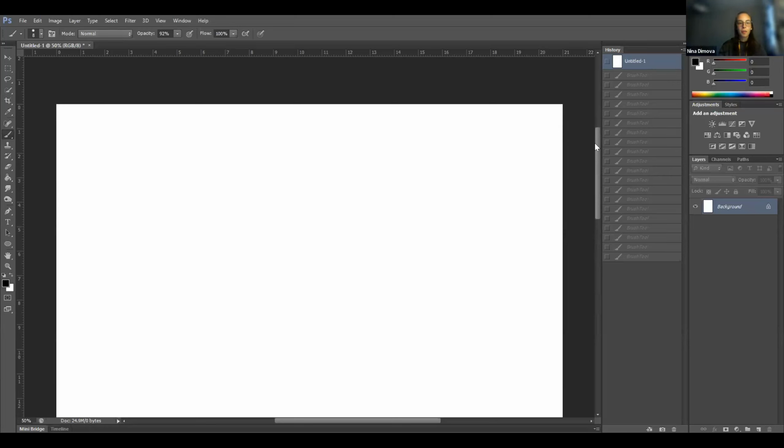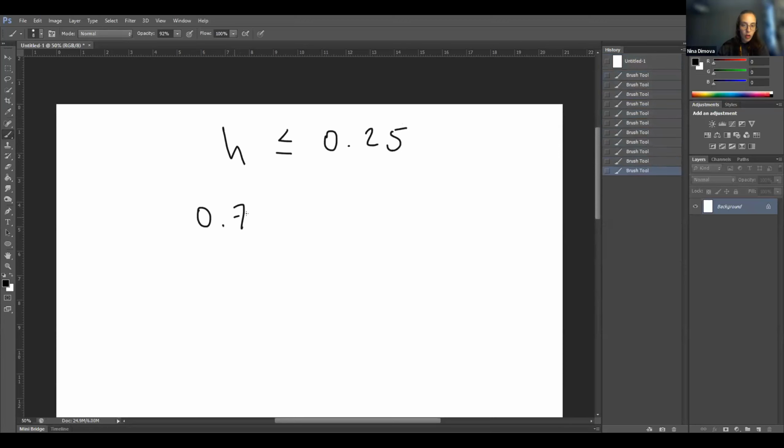Okay, so the equation we got in the end was that we wanted our small h to be less than or equal to 0.25. And we saw that when you consider potential and kinetic energy, an expression for the small h would be 0.75, so 3/4 to the power n.